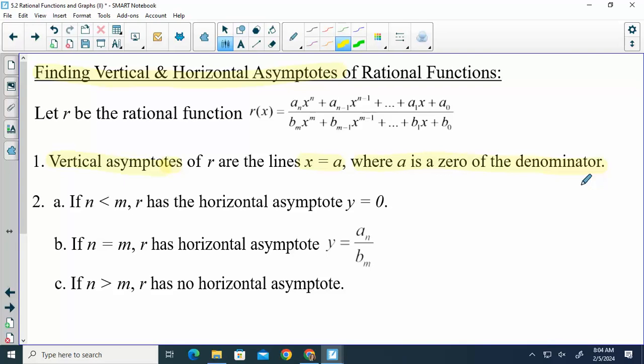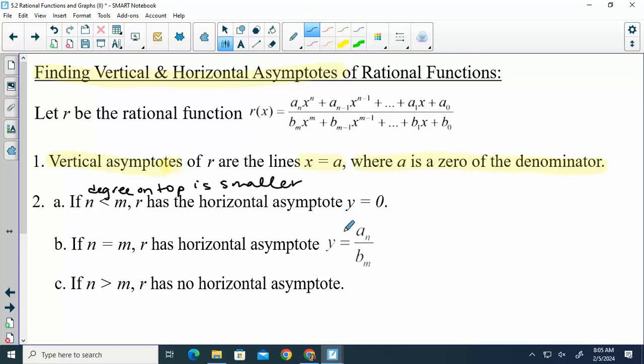For horizontal asymptotes, whether or not we have one, and what kind, there are actually rules based off degrees. If the top degree is smaller than the bottom degree, it's y equals 0. I use n and m from my exponents here, but you could say the degree on top is smaller, if you prefer that instead of saying n is less than m.